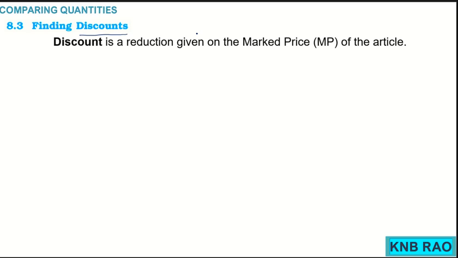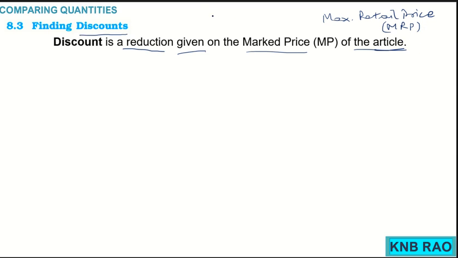Discount is a reduction. Discount is a reduction given on marked price of the article. What is this marked price? You normally find maximum retail price, which is called MRP, on the article. See, over that is maximum retail price, which is marked, which is labeled.